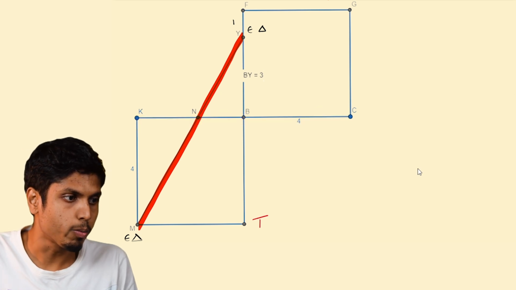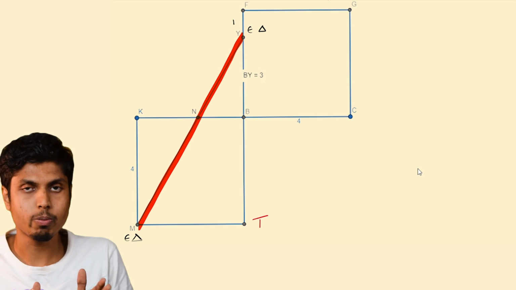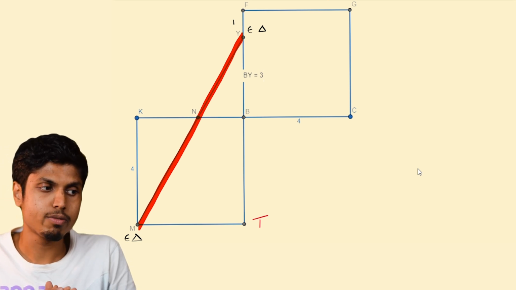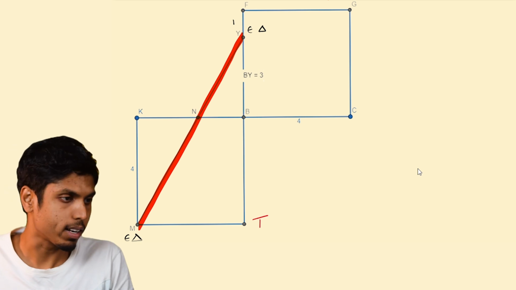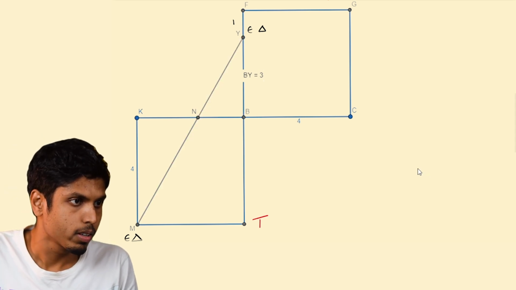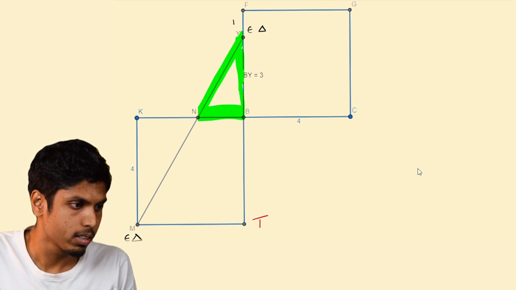So let's find a few properties of the point N. I will explain why we are concerned about the point N later. So now let's just find the position of point N. So now observe the similar triangles YNB and MKN.